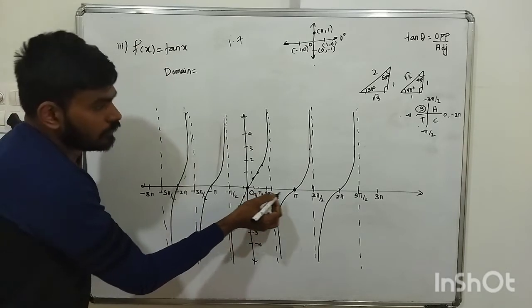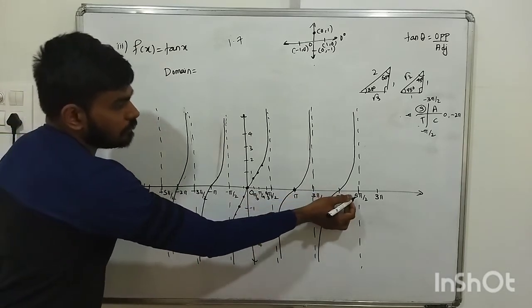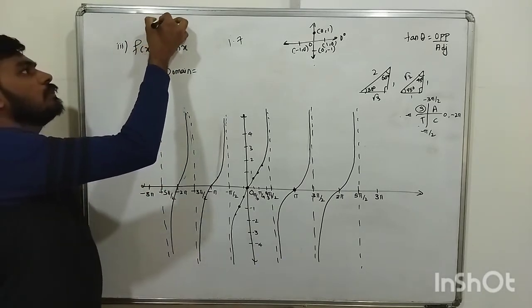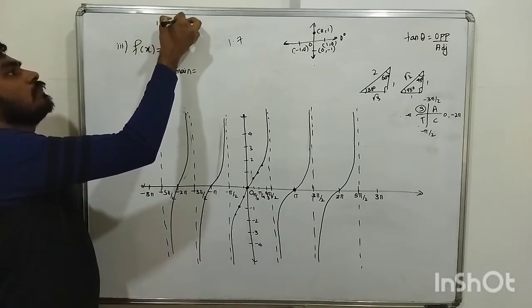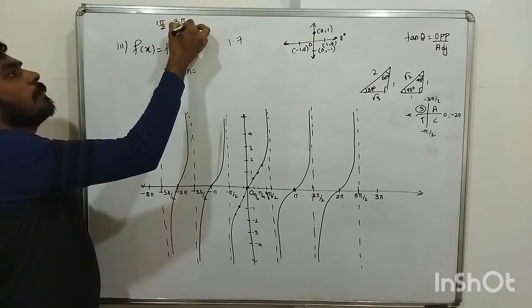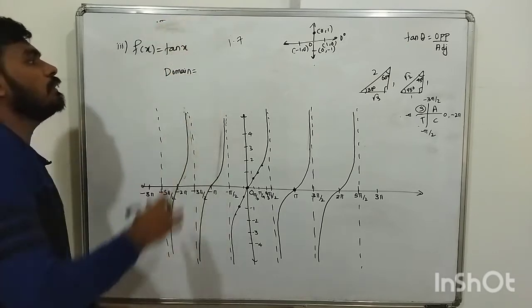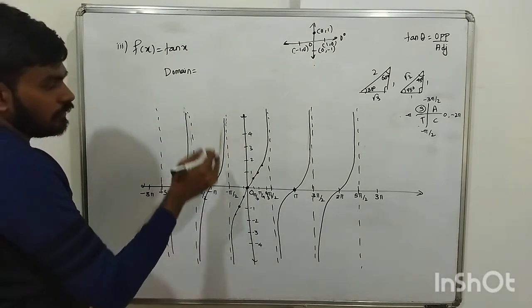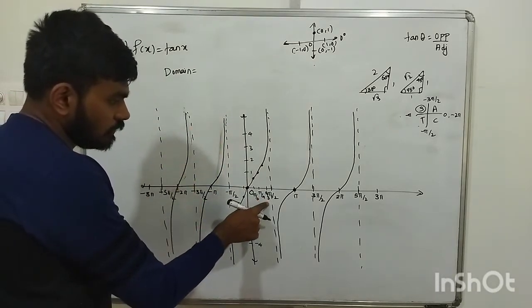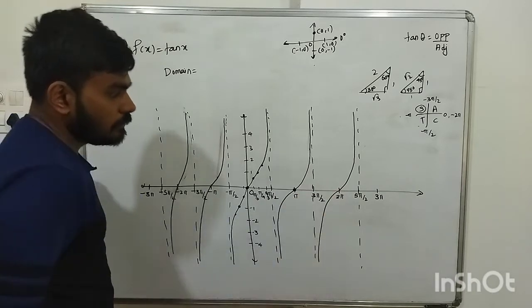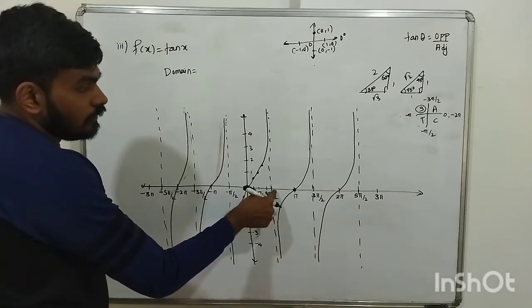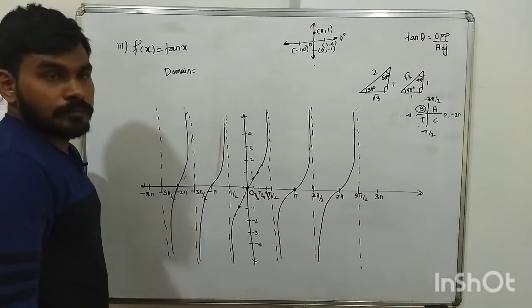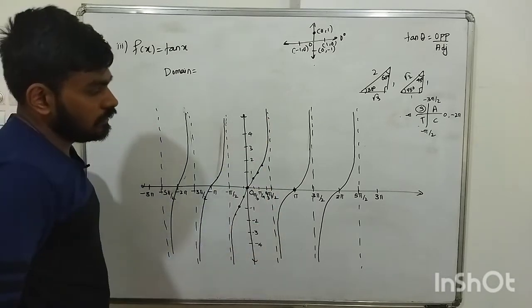Pi by 2, 3 pi by 2, 5 pi by 2. Okay, so for these values there is no domain, correct? There is no value of y here, understood?